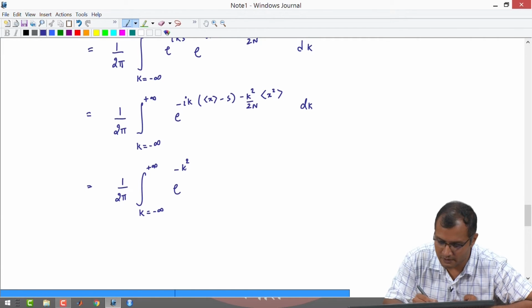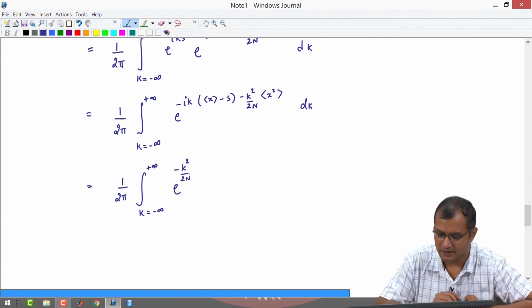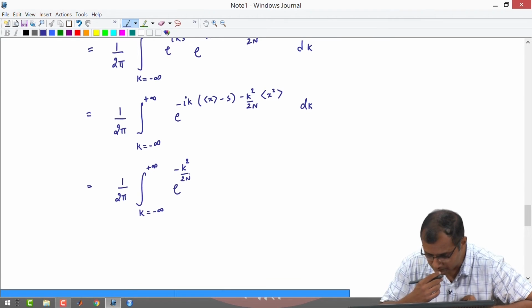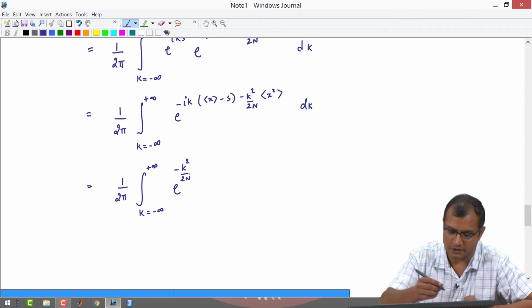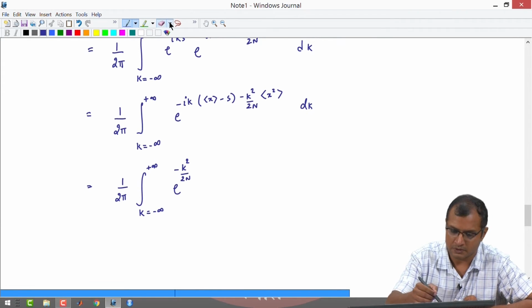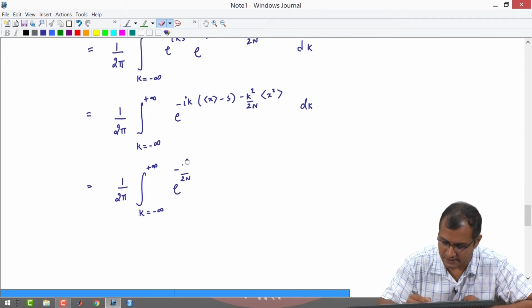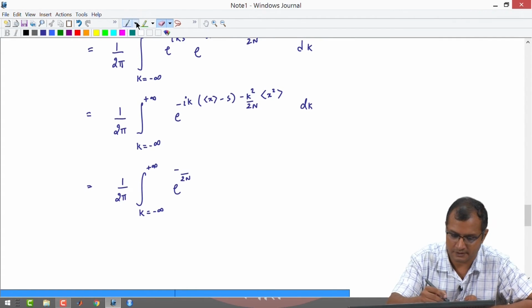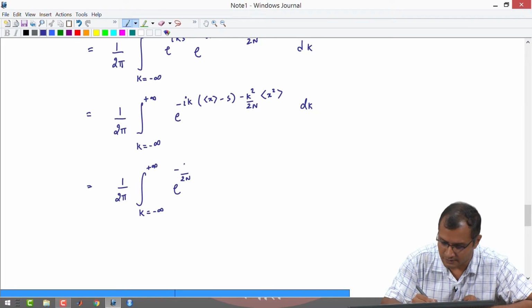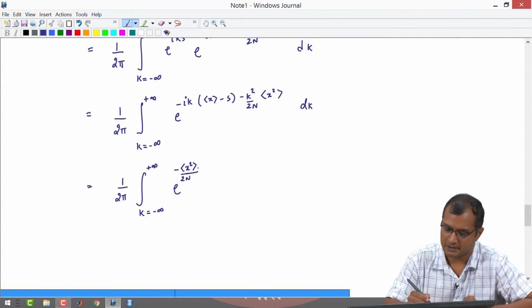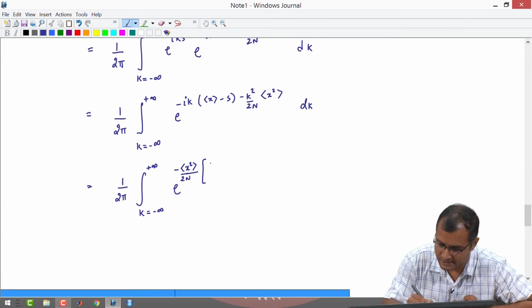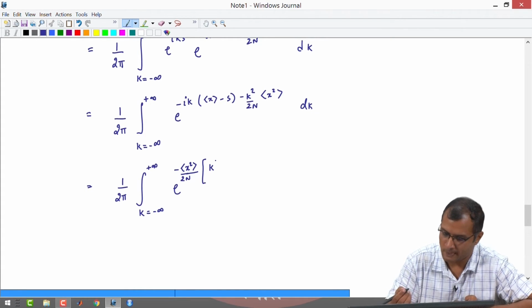So the perfect square that I am going to construct is on k square. So I am going to take the prefactor here as minus mod x square over 2n, and I am going to write it as k minus something.